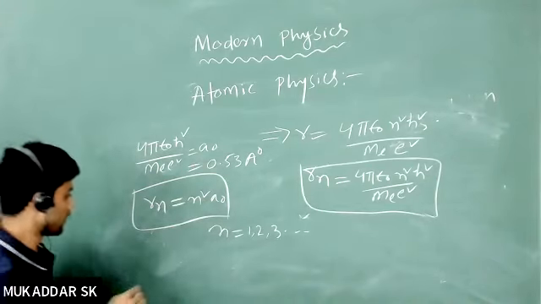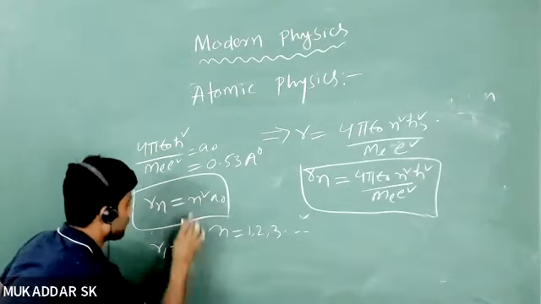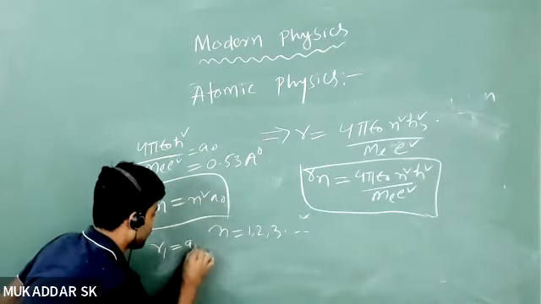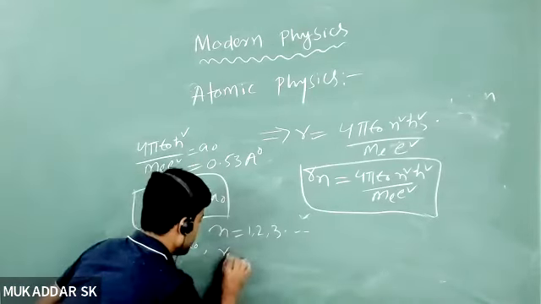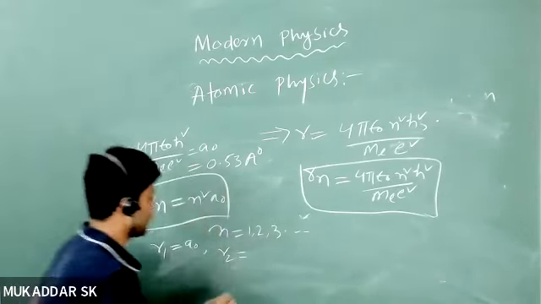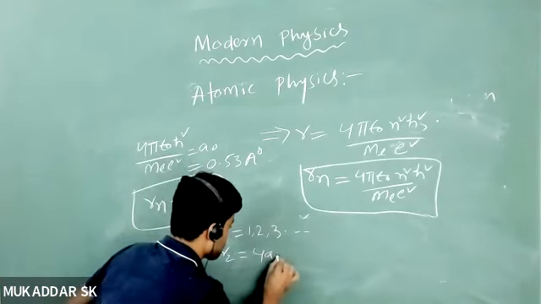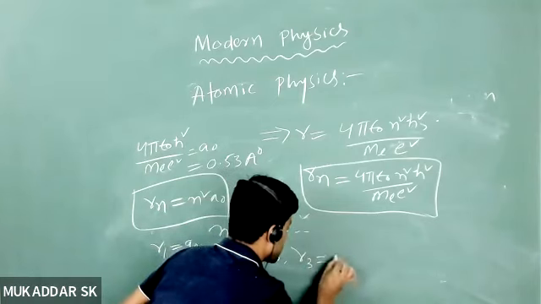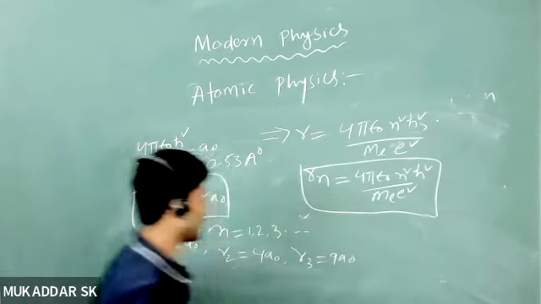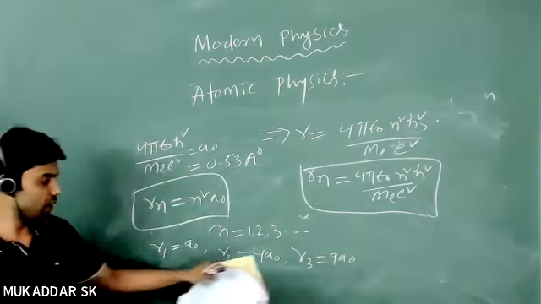Very good. So if you substitute n equals 1, you will get R1 equals a naught, the radius of the first Bohr orbit. R2 will be 4 a naught, and R3 will be 9 a naught. Now you see that orbits are discrete in nature.